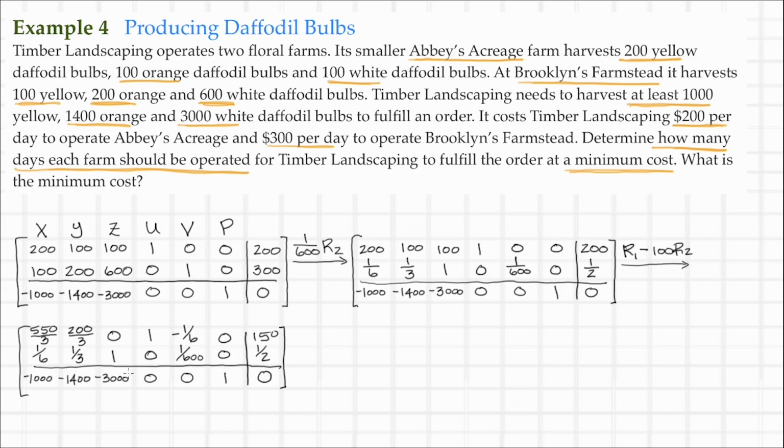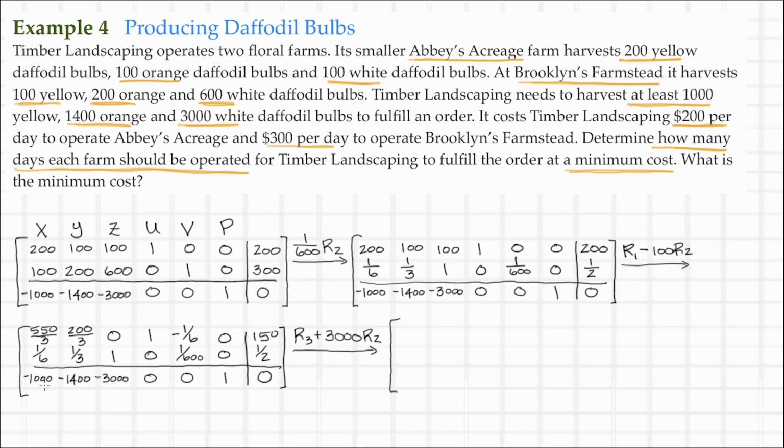And now we can target this value here. So we'll take row 3 plus 3,000 of row 2. Put in our bracket. 1/6 times 3,000, that's 500.